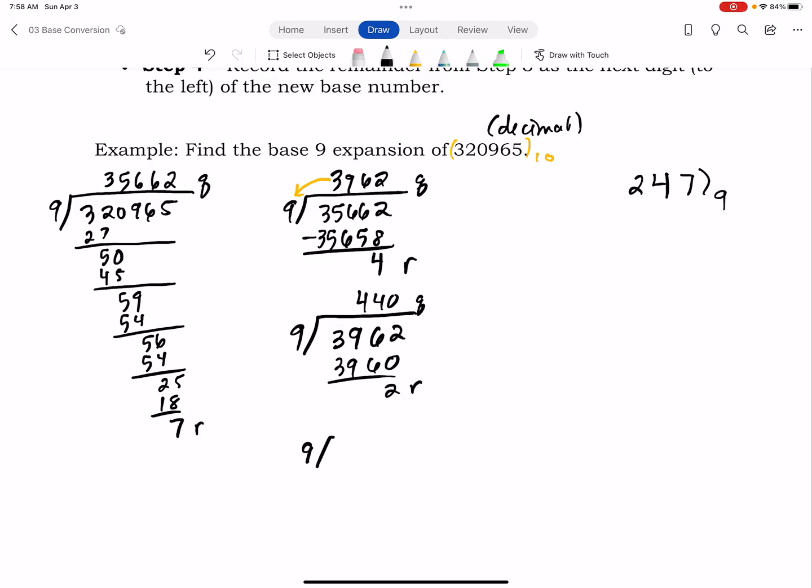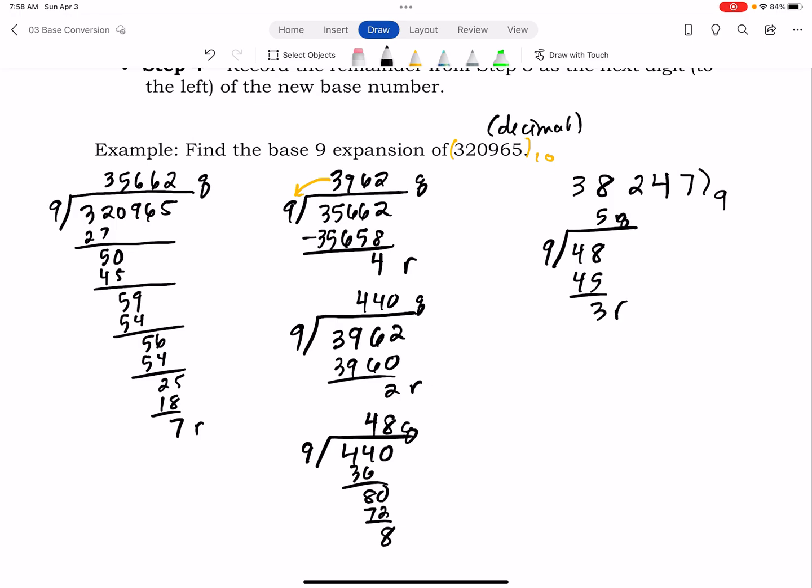Keep dividing. 9 into 440 gives remainder 8. Keep dividing. 9 into 48, remainder 3. Keep dividing, I have to keep going. 9 into 5. 9 doesn't go into 5, so I put 0 here. My remainder is 5. Once you have this quotient of 0, where 9 doesn't go into your number anymore, then you're done.